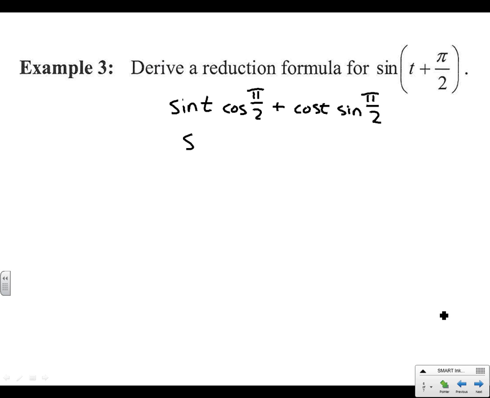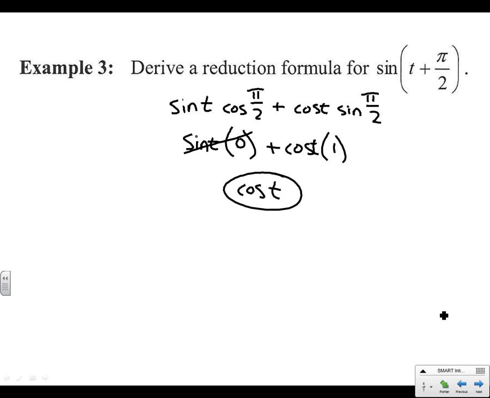So let's simplify where we can. The cosine at 90 degrees is 0, and the sine at 90 degrees is 1. So 0 times that goes away, and our answer here is just cosine t. Forgot my t up there.